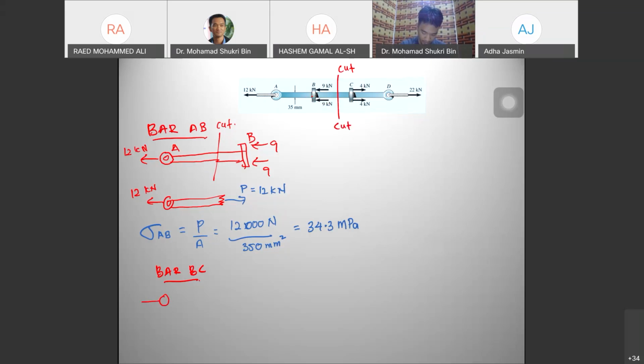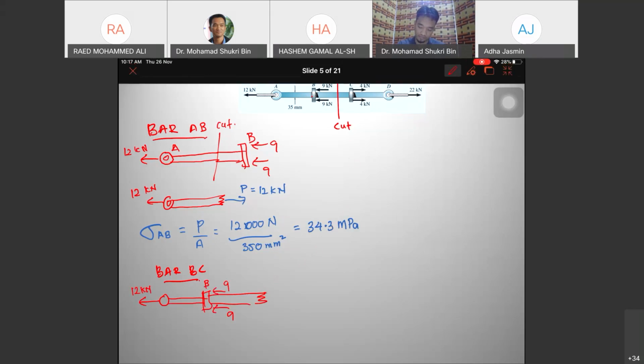We have A, 12 kilonewton. We have B, which is 9, and this is the cut region. You need to find the internal force for bar BC, so find the P here.